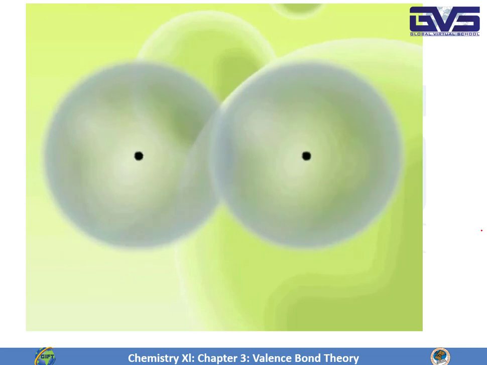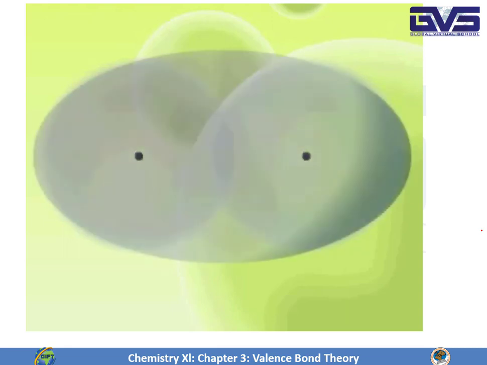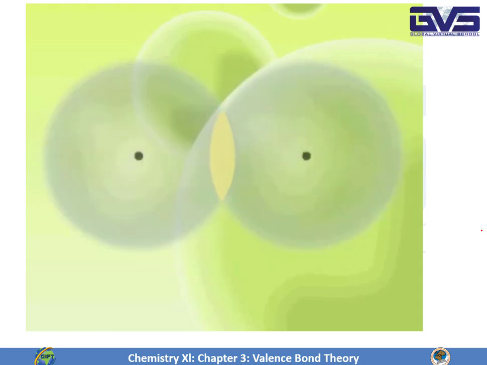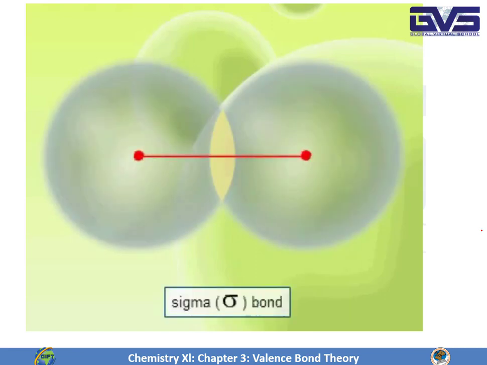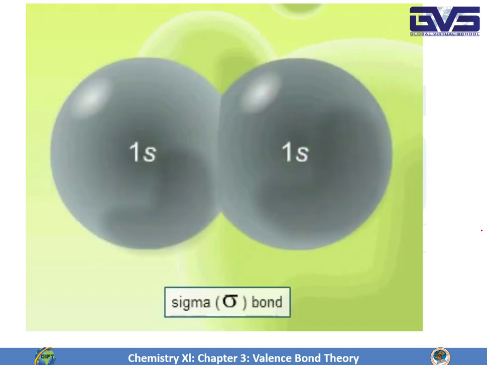We can envisage some merging of the orbitals to form a common electron cloud containing two electrons of paired spins. Electron density in this cloud should be concentrated somewhere between the hydrogen atoms. The covalent bond formed by overlapping the two s orbitals is termed a sigma bond. Hydrogen atoms are linked by a sigma bond in the hydrogen molecule.